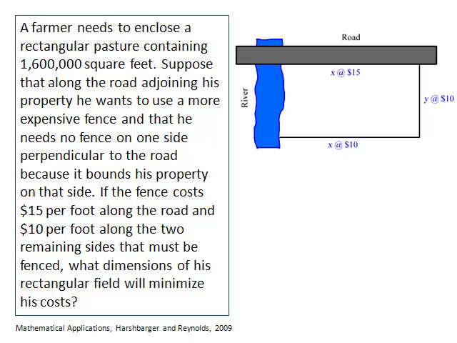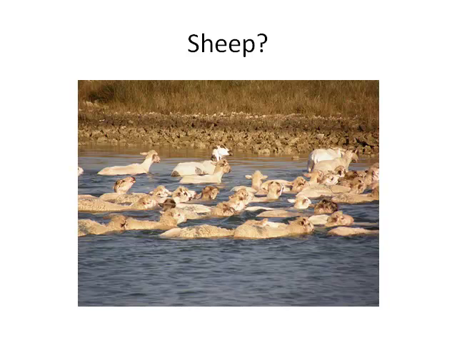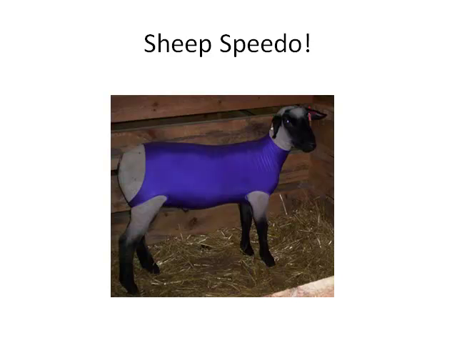When faced with a problem like this, their minds tend to wander to somewhat tangential questions like, what kind of animal might stay in this pasture? Wouldn't they just swim the river? Of course, it couldn't be cows. After all, cows can swim. Or maybe sheep? Sheep are actually such accomplished swimmers that there are sheep Speedo swimsuits.